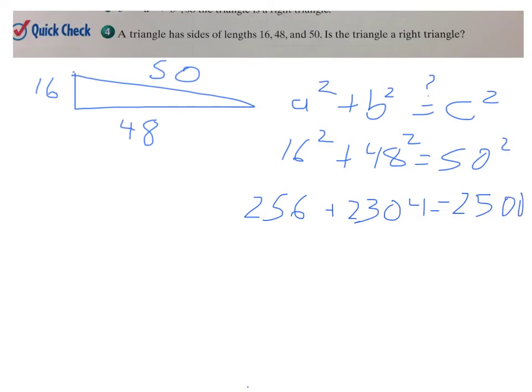Since that adds up to 2,560, that does not equal 2,500, so this is not a right triangle.